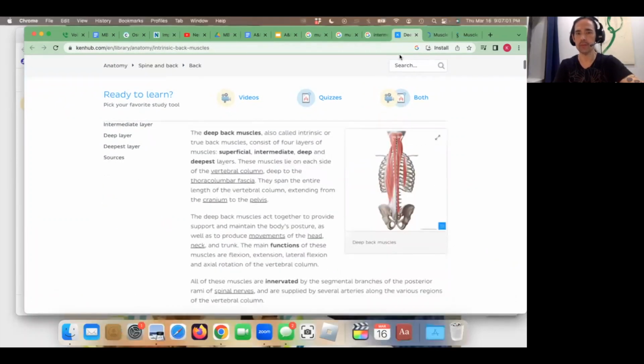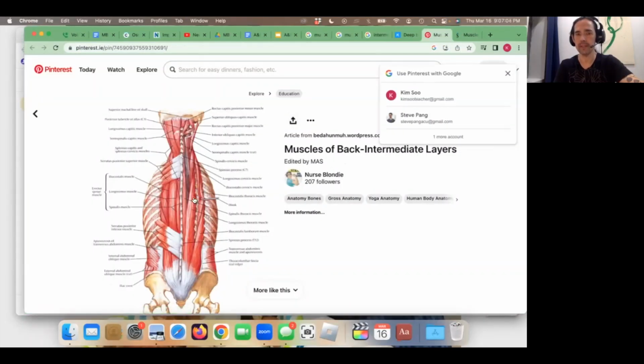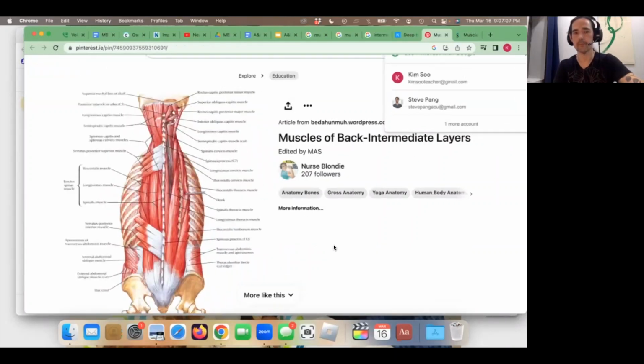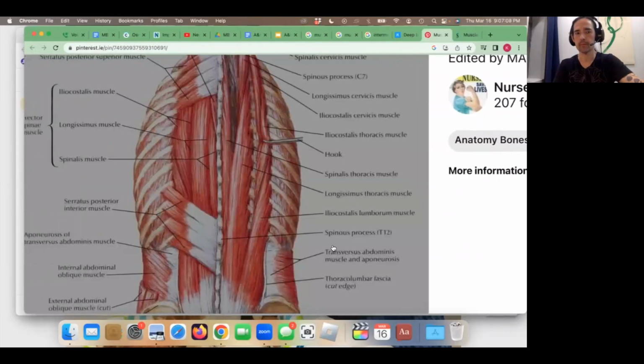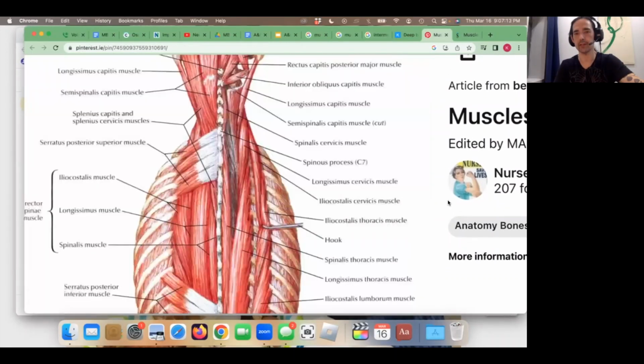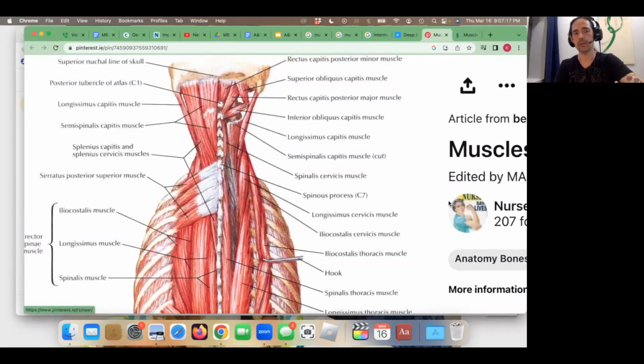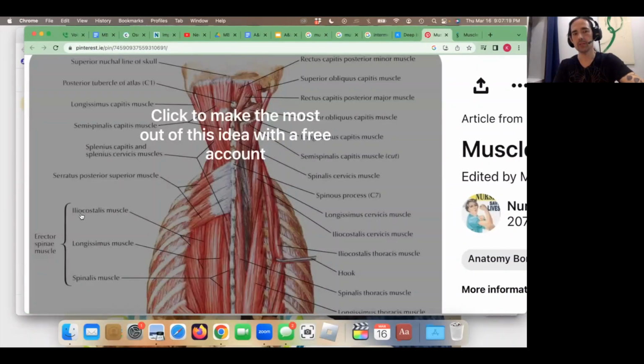The deep back muscles and then the intermediate muscles. All right, so on one side we have the iliocostalis, the longissimus, and the spinalis. That's I love sex. What is that?